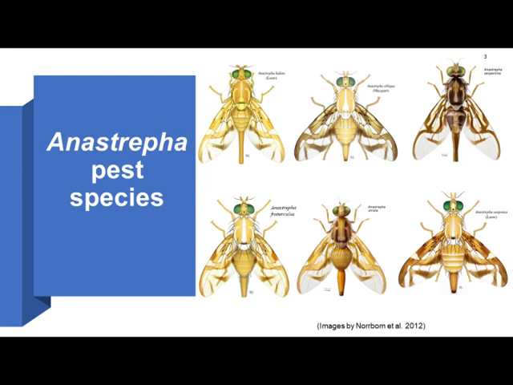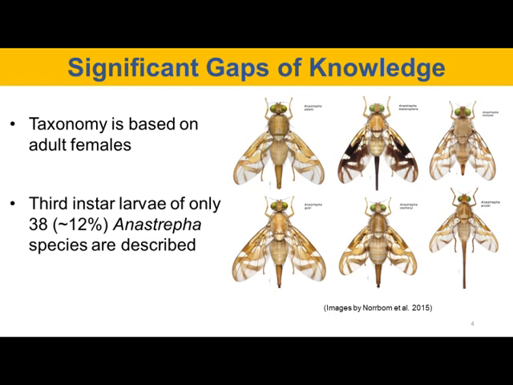They attack mainly commercial fruit, such as mango, citrus, papaya, guava, etc. Over the last 150 years, the taxonomy of this genus has been based on the female adult. On the other hand, immatures are poorly known.